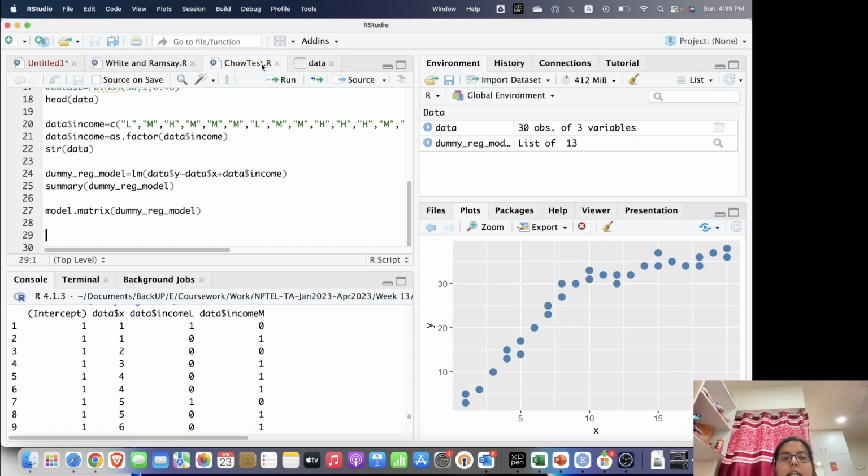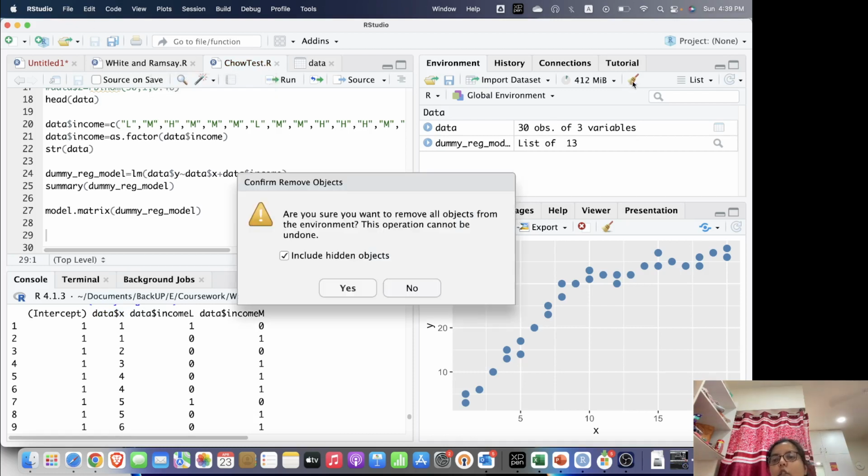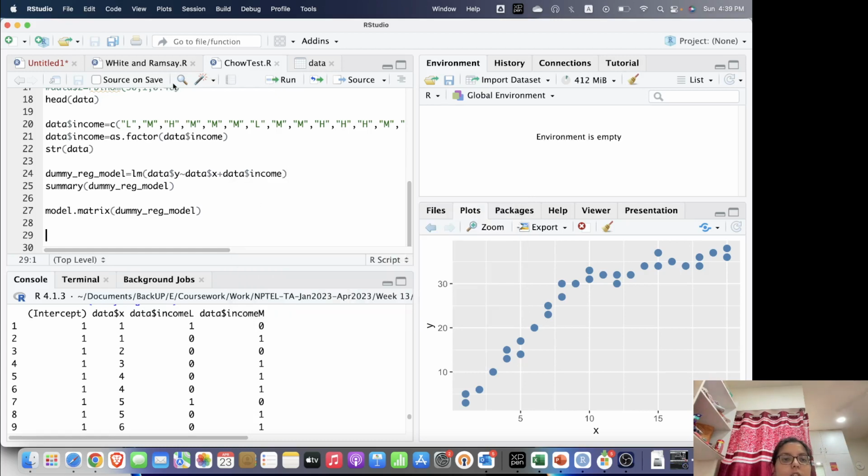What about dummies as response variables? So we knew that we can use, I'm going to remove this thing entirely.